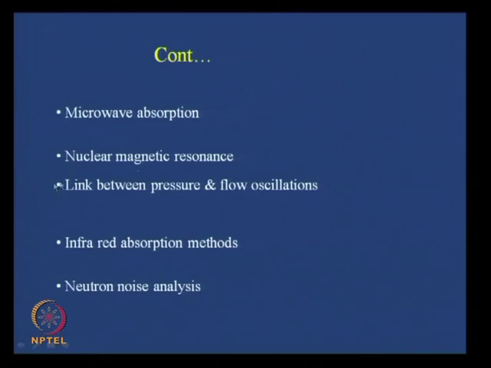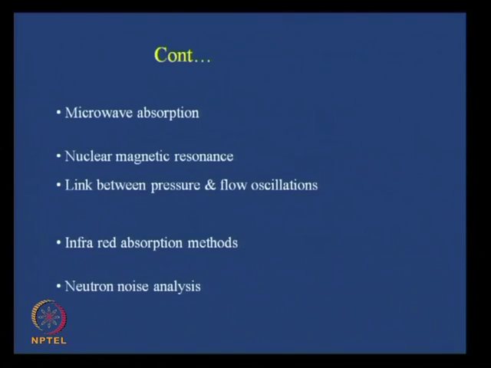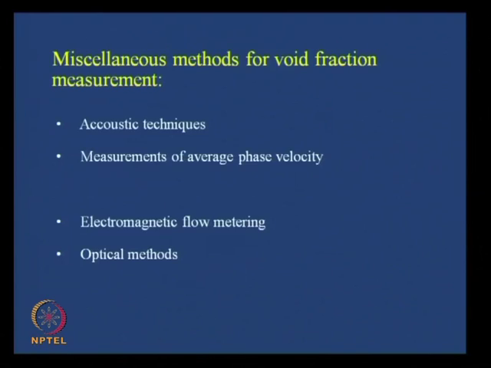So, this particular technique, which I have written as the link between pressure and flow oscillations, is primarily used for sodium liquid vapor systems. By using a pump, we impose some amount of pressure oscillations. From this pressure oscillation, some flow oscillations are induced. These flow oscillations depend upon alpha. This is one.